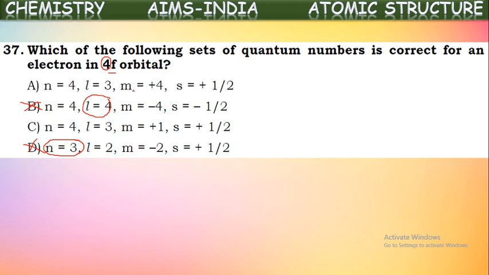But here, in this, M value they have shown plus 4, which is not possible, which is beyond the M values. M may get values from plus 3 to minus 3 only, including 0. But they shown here plus 4. So it is not possible. So it is possible. And S value may be either plus half or minus half. They shown here plus half, this may exist. So the correct set of quantum numbers for the electron present in the 4f orbital is this. Remaining three are incorrect. Okay, next question.